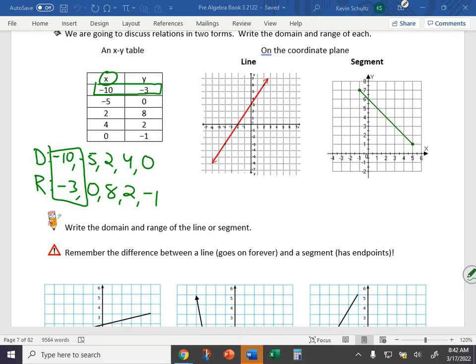So if I asked you for the domain of a line, well, you're never going to run out of x values that are included because it extends beyond just what's written here. The x values of this line seem to go from about negative 6 to about 3 here on the x-axis. Well, no, it continues on forever.